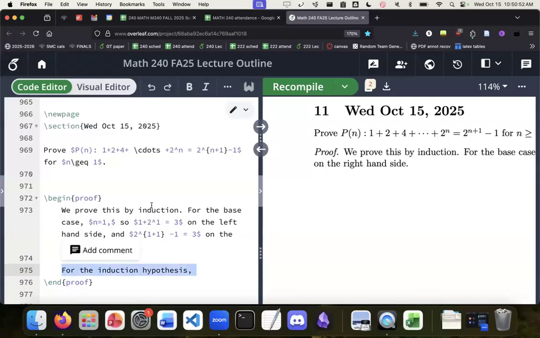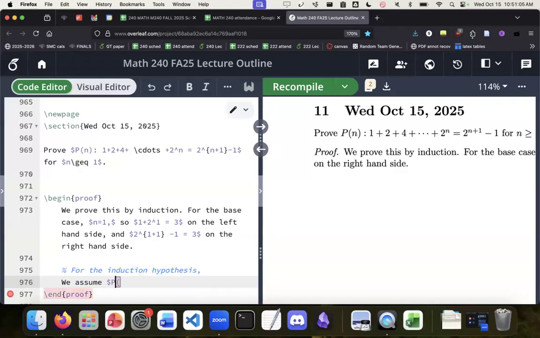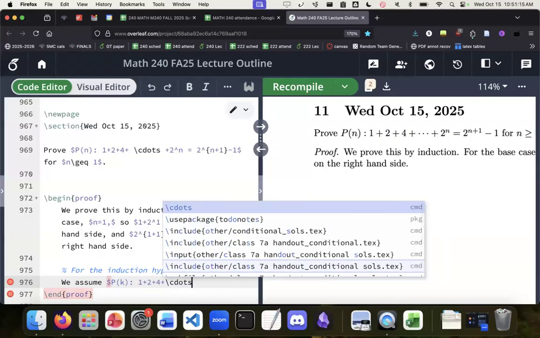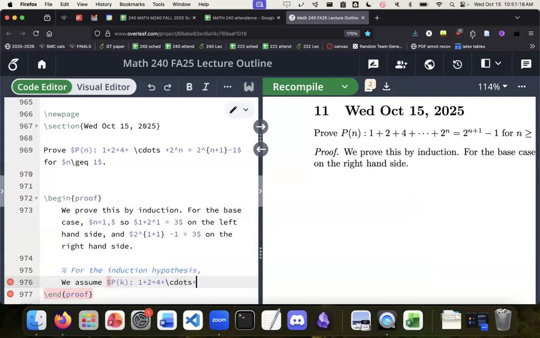Or since we said we're proving this by induction, we could also just skip over it and say, so this has to be in math mode, we assume P of K, which is 1 plus 2 plus 4 plus dots plus 2 to the K is equal to 2 to the K plus 1 minus 1.